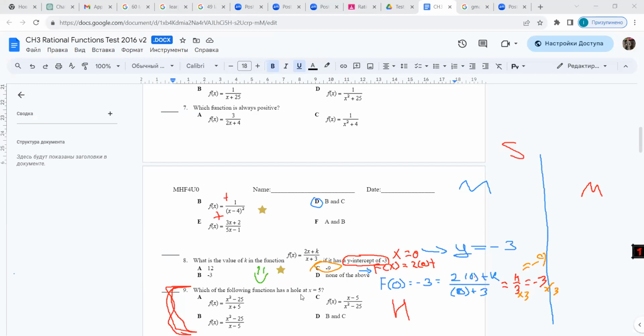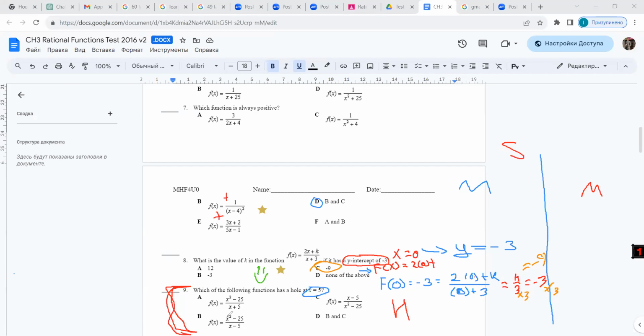Which of the following functions has a hole at x equals 5? So remember that a hole appears when numerator and denominator have a common factor, and the term that is getting factored has a solution of x equals 5 in this case.